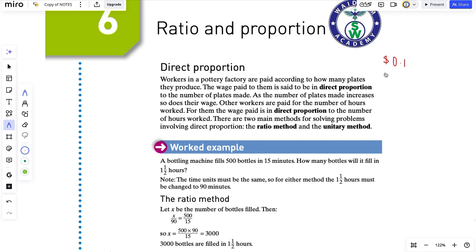So if he makes 10, you multiply this by 10, so you get $1. If you make 100, you multiply this by 100, you get $10. So this is a direct proportion. One quantity increases, and the increase affects the other one. So the more you make, the more money you get.